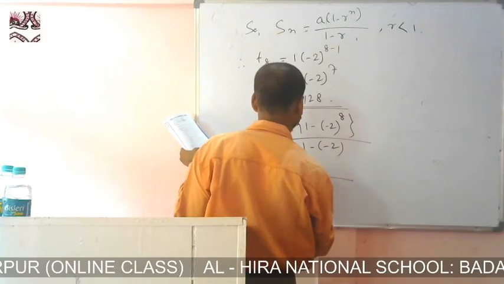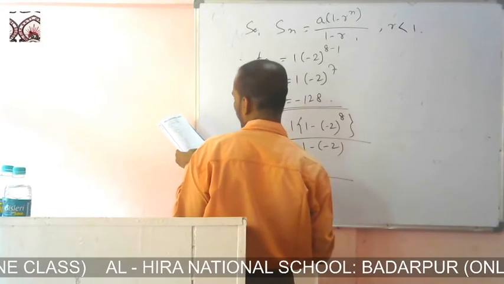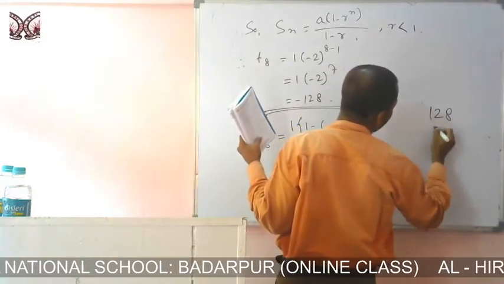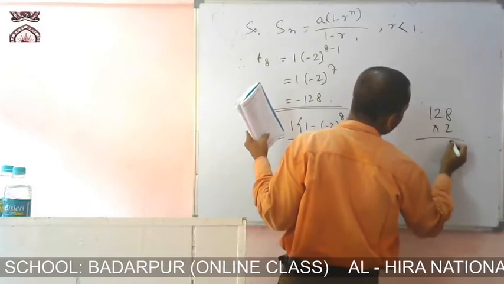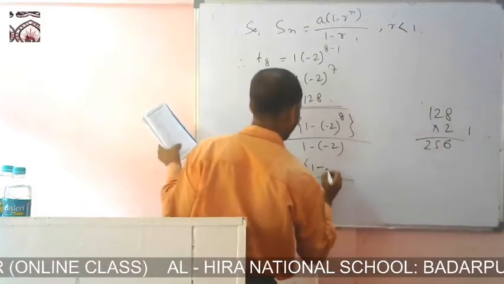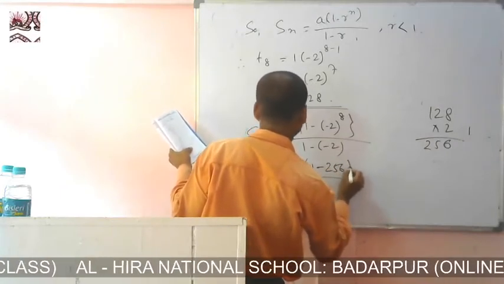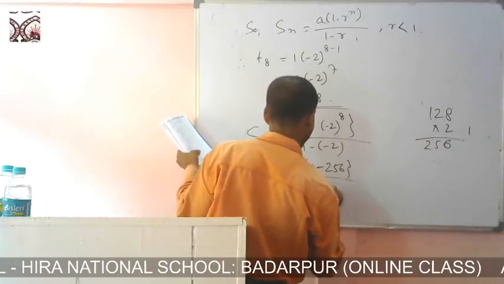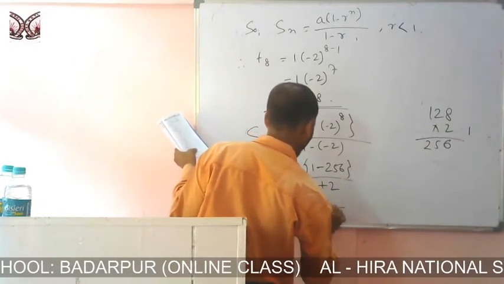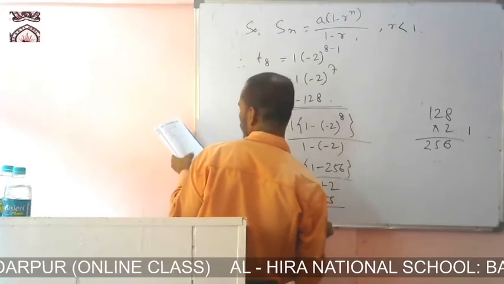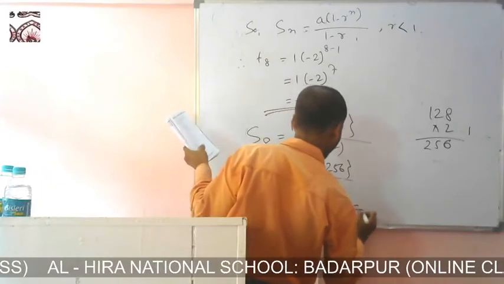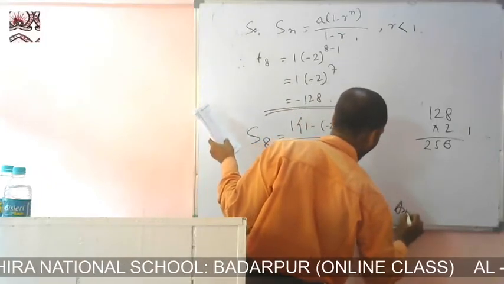So 1 minus 2 to the power 8: 128 again 2 gives 256. So it is 1 minus 256, which is minus 255, by 3. If we divide, 3 times 8 is 24, then 3. So it is minus 85, which is the answer.